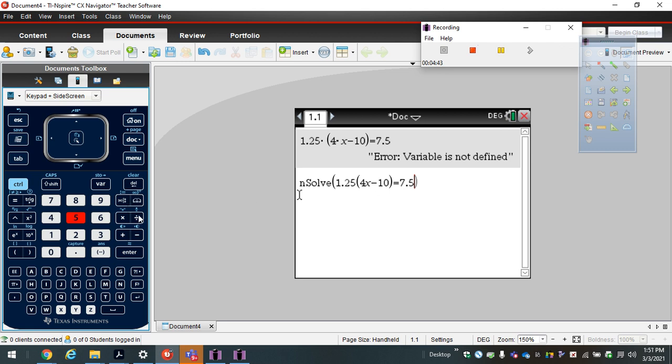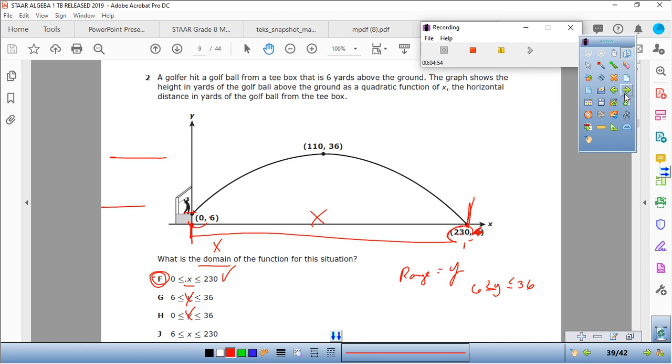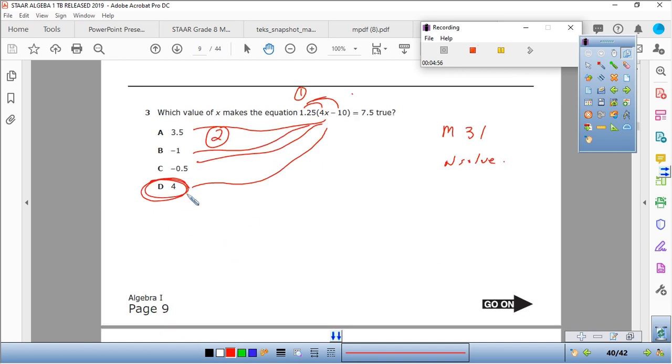Looks good. And the final thing, you say you want to solve for x. Enter. So the final answer is 4. Okay? Cool.